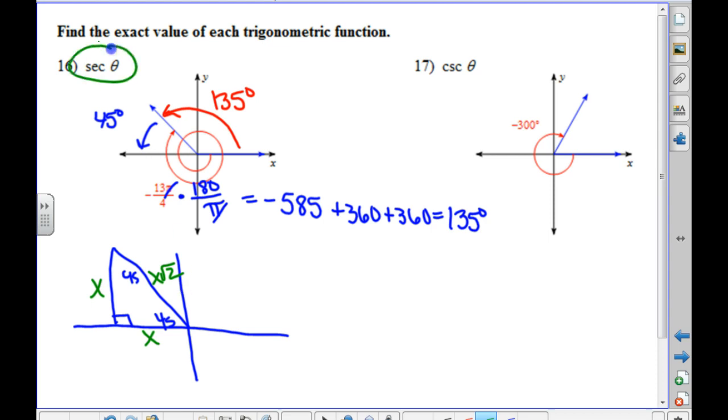Anyway, we're supposed to do secant. We're standing here always with the x-axis. Secant is hypotenuse over what? Adjacent. So hypotenuse over adjacent. I think I did this question wrong last hour. I did x square root of 2 over x. Why is that wrong?